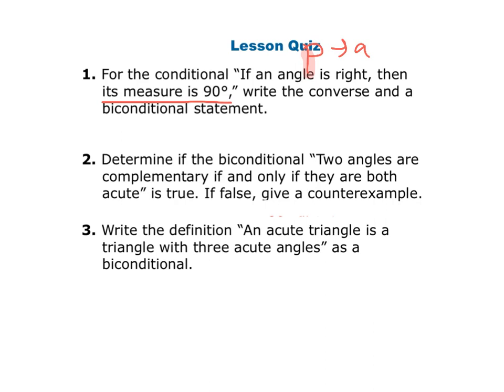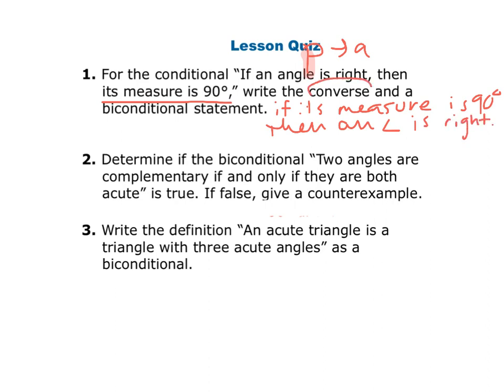So if its measure is 90 degrees, then an angle is right. So that's our converse.